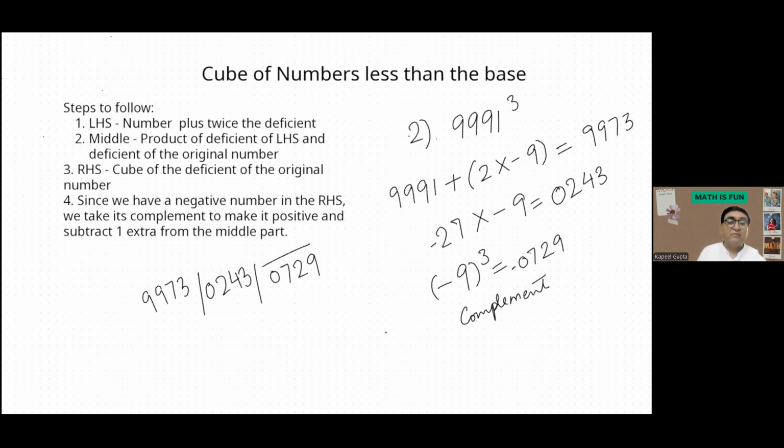So it will become 0242, right? And subtracting 729 from 10,000, I will get the complement as 9271. And there is no impact on the left hand side number, that is 9973.